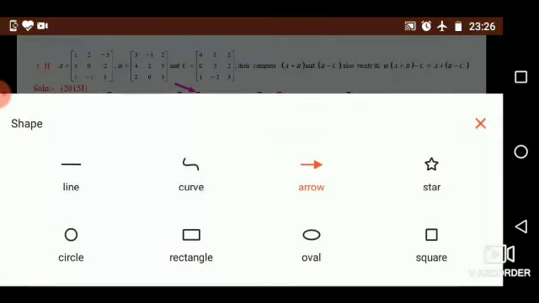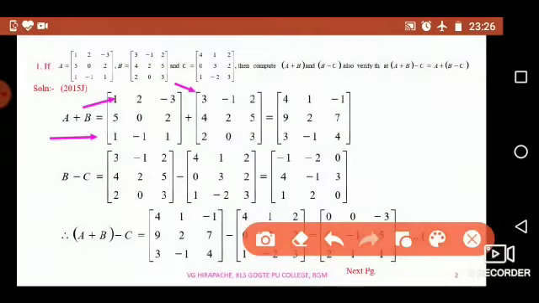Then we get the elements like 1 plus 3, that gives 4. 2 plus minus 1 gives plus 1. Minus 3 plus 2 gives minus 1. Similarly, we add the corresponding elements of both the matrices in the second row.